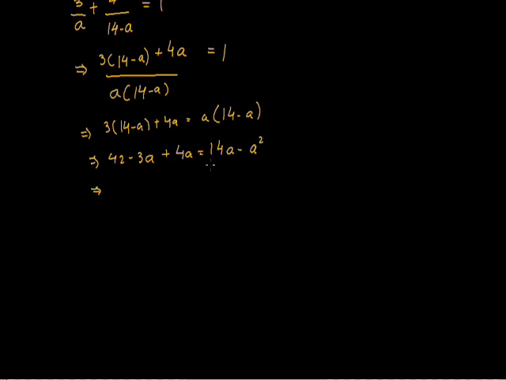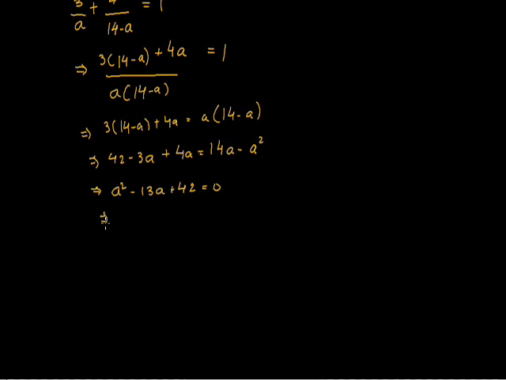Now simplifying these equations, I'll take A square to the left hand side, it becomes positive A square. I'll take 14A to the left hand side, it becomes minus 14A, so I'll get minus 3A plus minus 14A, that is minus 17A, minus 17A plus 4A, that is minus 13A, plus 42 is equal to 0.